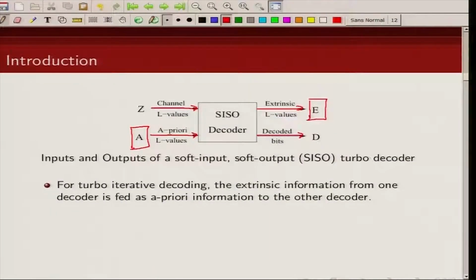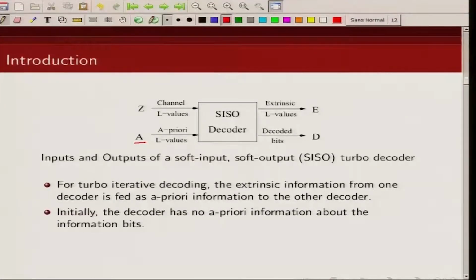The channel L values remain the same for a fixed signal to noise ratio. So, if we can track with iteration how our extrinsic information is growing with this a priori information, that will give us some clue about the performance of turbo code in the waterfall region.